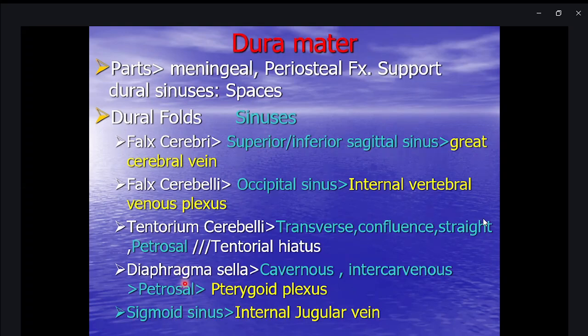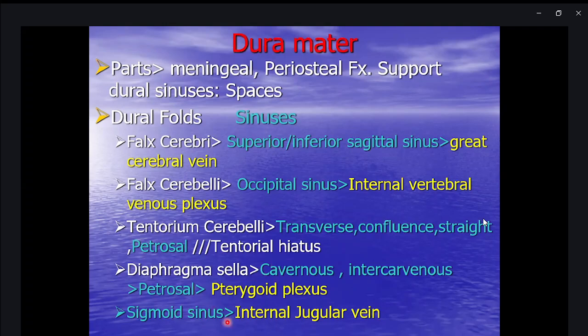These receive blood from the pterygoid plexus, and the pterygoid plexus drains the area of the danger triangle at the bridge of the nose. So if you are hit at the bridge of the nose, the danger triangle, this can lead to infection spreading into the petrosal sinus, cavernous sinus, and into the brain, causing meningitis.